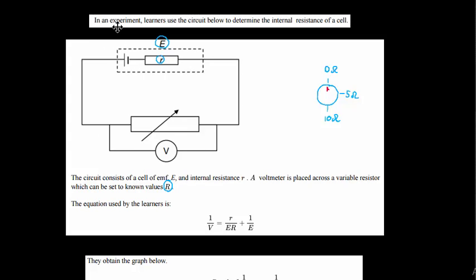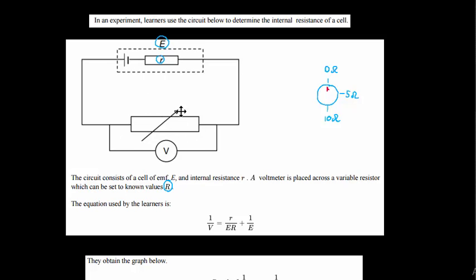Sorry, I noticed I did not paste in the introduction to this question. It's an experiment the learner wants to use to determine the internal resistance of a cell. I do apologize. So that's what they're doing here, and what they do to get the internal resistance is they simply get a diagram, and they are going to use a variable resistor.